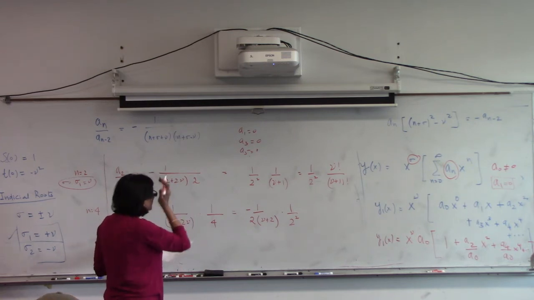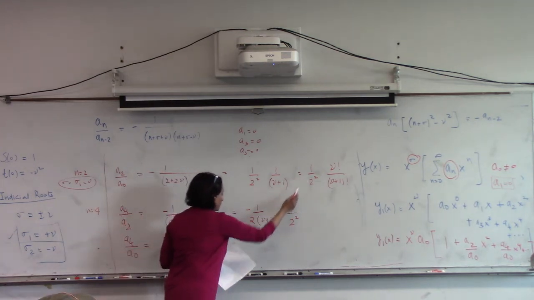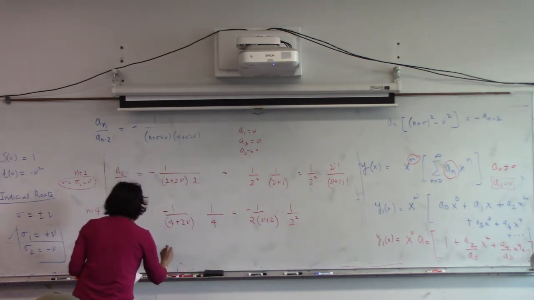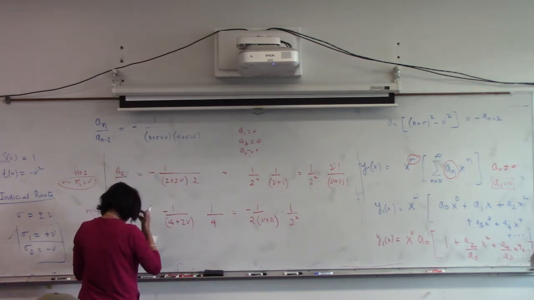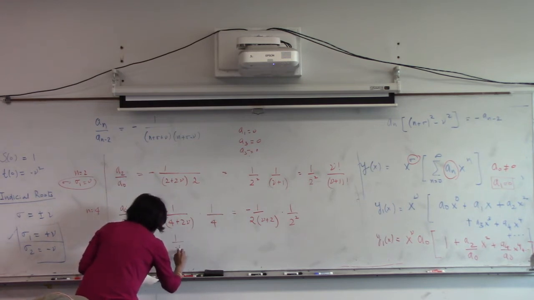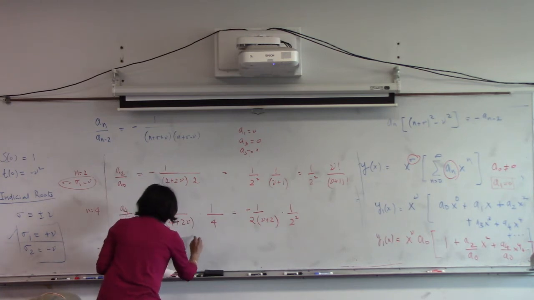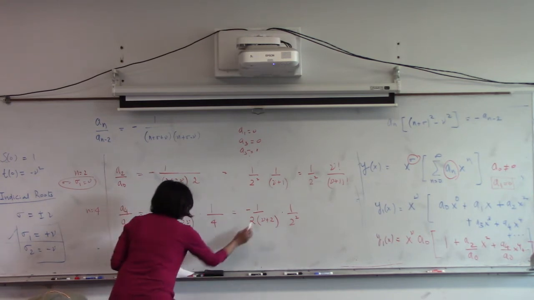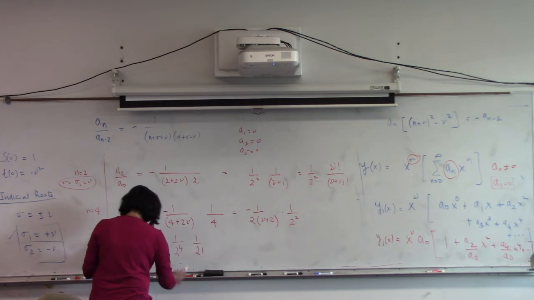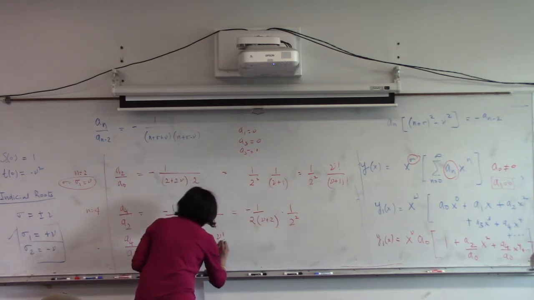All right, so A4 over A0, then I have 2 squared, 2 to the power 4 is there. Let me just write this, and the negative signs will cancel, as 2 to the power 4, okay? And then I have a 2 factorial, this 2 I can write as 2 factorial. And I do have a nu factorial, okay?